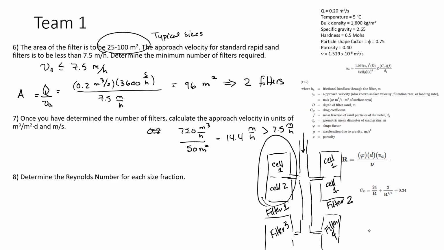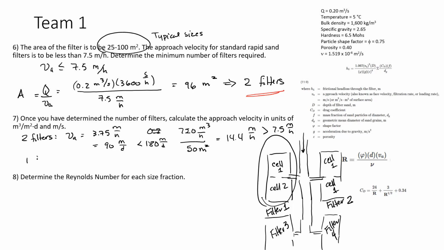So with 2 filters in operation, our approach velocity is 3.75 meters per hour, or 90 meters per day. And this needs to be less than 180 meters per day. So we're fine.